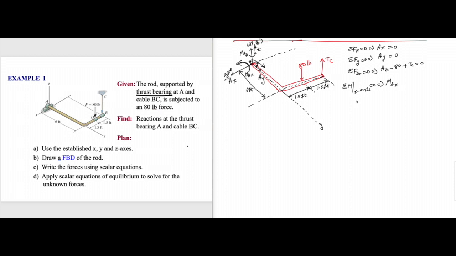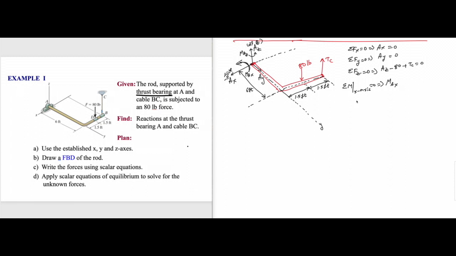But now AY is passing through x-axis, so it has no distance.